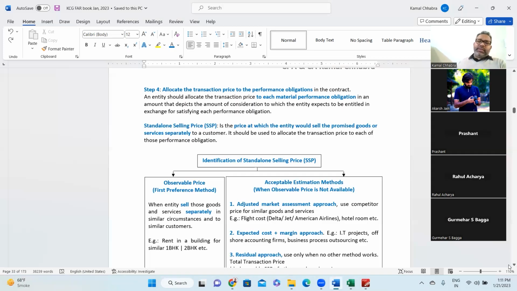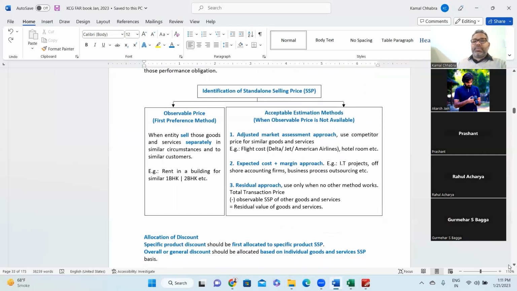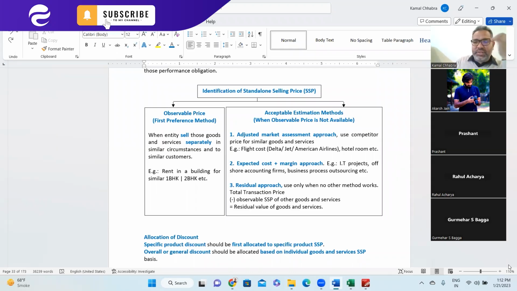When entities sell those goods and services separately in similar circumstances and to a similar customer, what amount do they charge? For example, you have a residential building in which you have 1 BHK apartments or 2 BHK apartments. Normally, you give a 1 BHK apartment on rent for $1,000 and a 2 BHK apartment for $1,500.